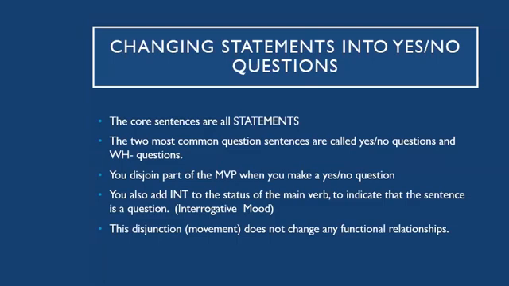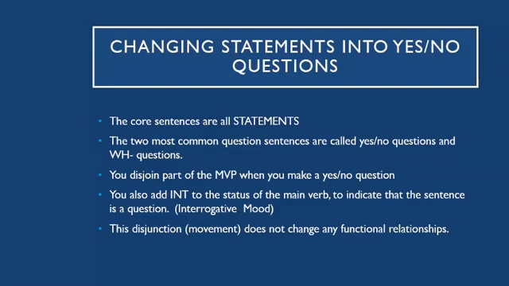The natural order of a sentence is subject and verb predicate, right? That is the natural order of any sentence. If you're clear on that, then you should have no problem. So the two most common question sentences are called yes/no questions and WH questions. So far, so great, right?